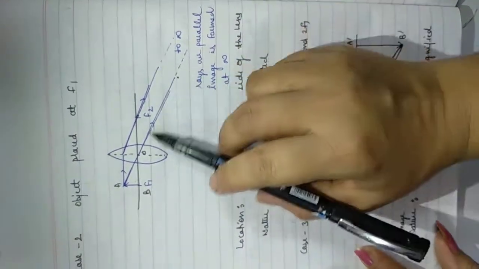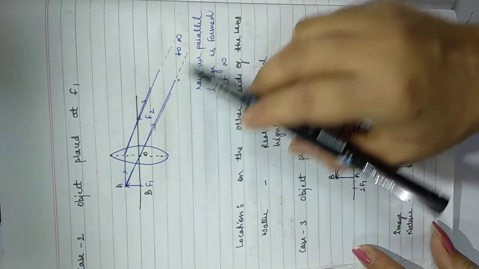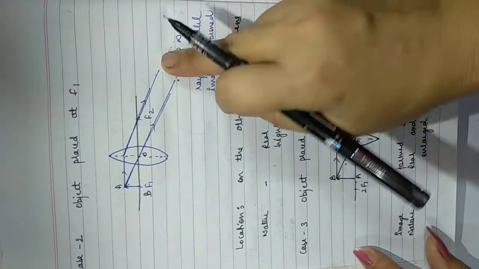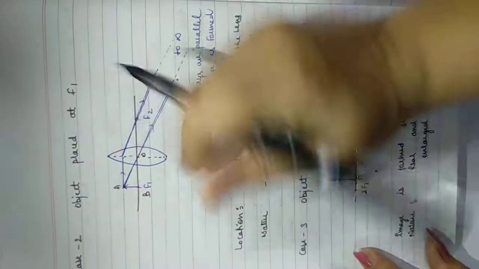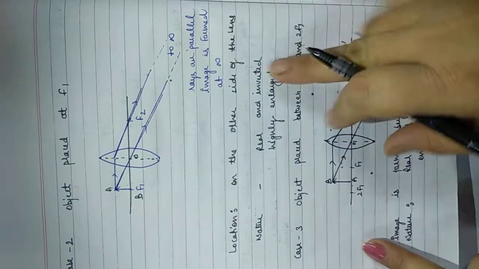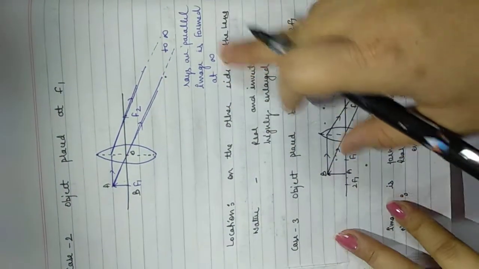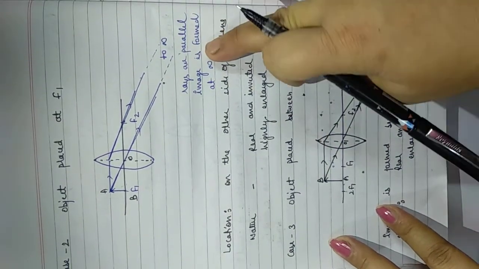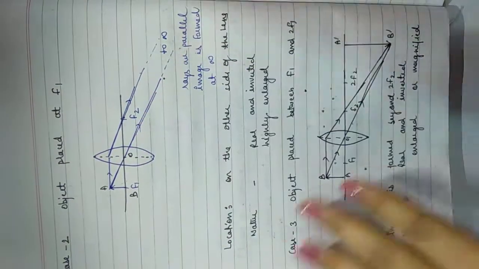You can see from the diagram, these two rays are parallel, and parallel rays will never meet on this side, or if we draw the rays in the backward direction, they will never meet. So we can say that the image will be at infinity. That means the image size will be highly enlarged, because it is on the other side of the lens.